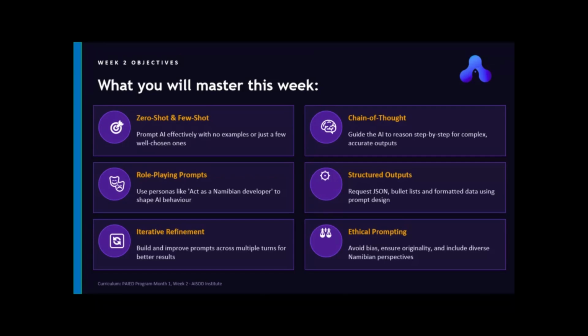Most of the time, for day-to-day use, I see many people using zero-shot or few-shot prompting, which is effective for most of the things you need. So this is the most common one. We have another one called the role-playing prompt, and then we have chain of thought, and we also do structured output. And then we also do ethical prompting and iterative refinement.